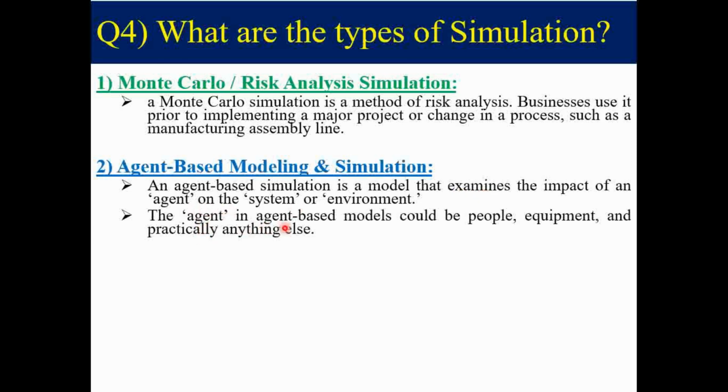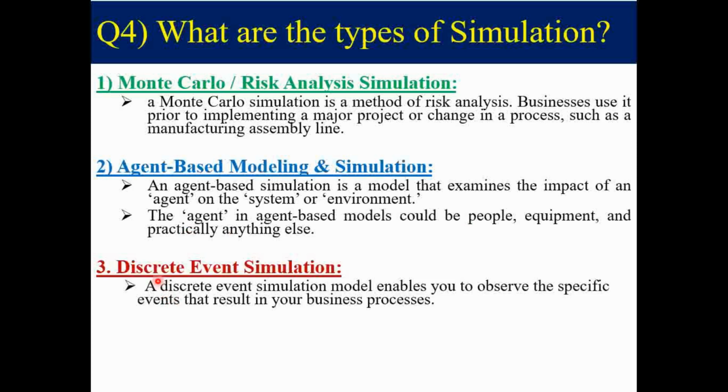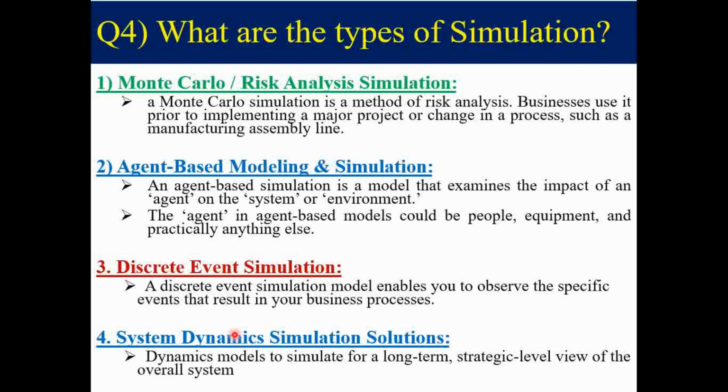The agent could be people, equipment, or practically anything else. The third type is discrete event simulation, which enables you to observe the specific events that occur in your business processes. And the fourth one is system dynamics simulation, dynamic models to simulate long-term strategic level views of the overall system.